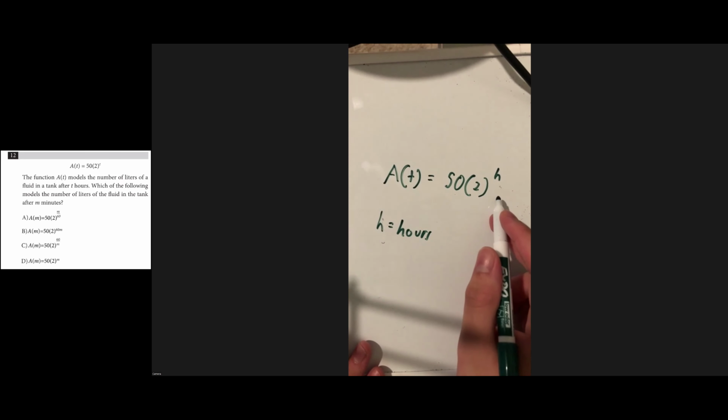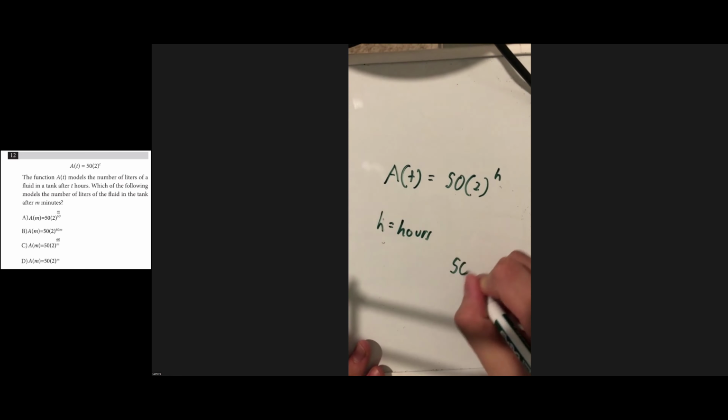Well, we know that in 1 hour, it'll be 50 times 2 to the first power. So that's the same thing as 60 minutes. 1 hour is the same thing as 60 minutes.